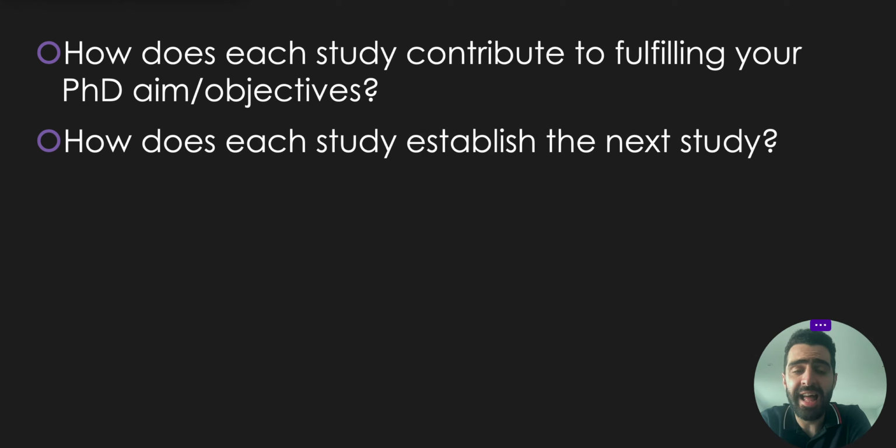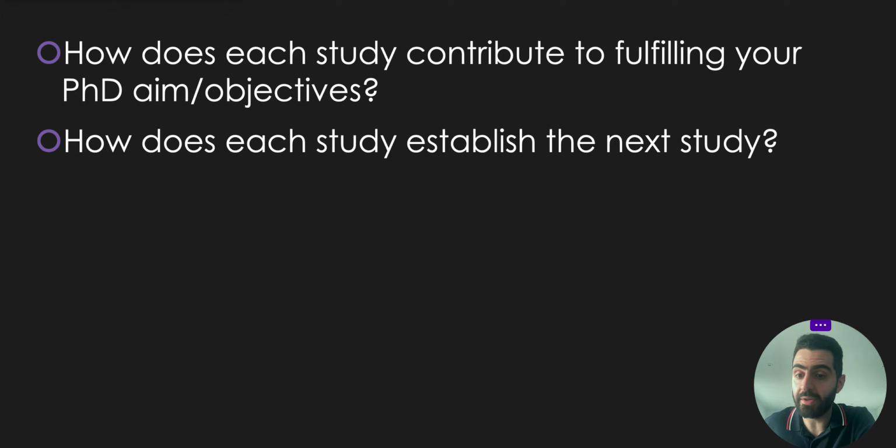Number 2 is, how does each study establish the next study? So you need to make it clear how study 2 paved the way for study 3 and so on. So for example, let's say you start off with the literature review and then you make it clear that we identified a gap in the literature, that there's no empirical research around the topic area.